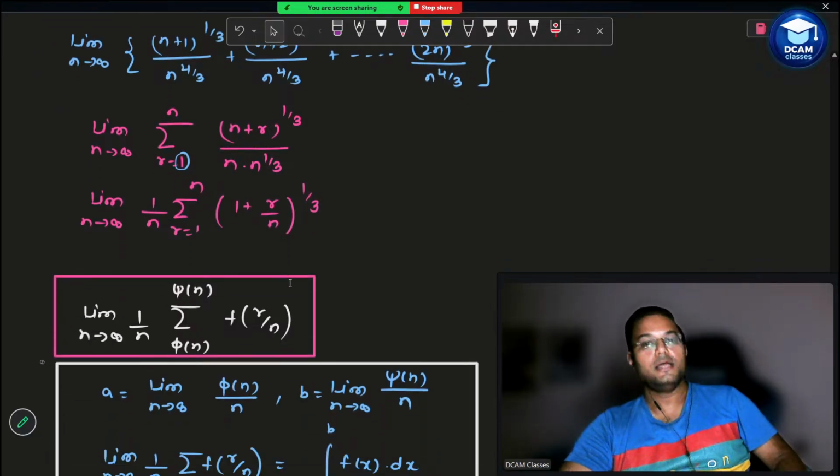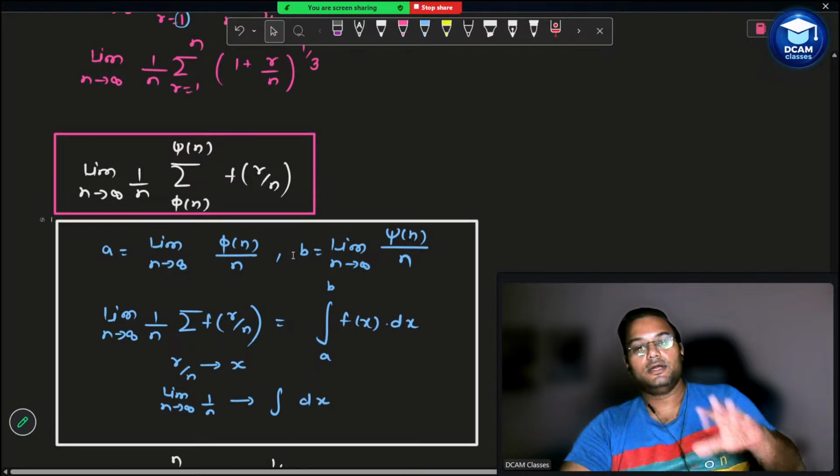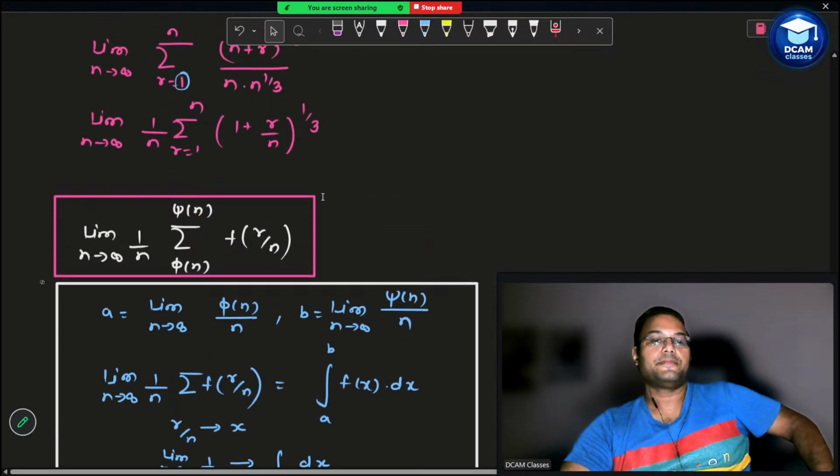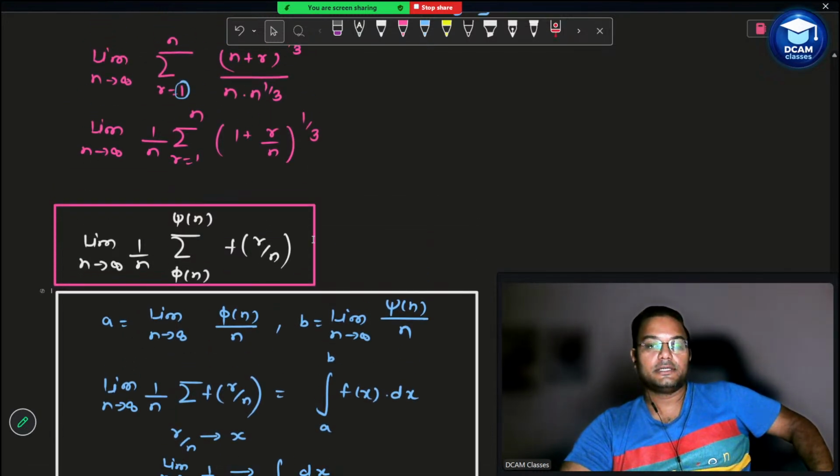Yes. Now see, now here comes the conversion part. If the limit is given in this form, limit n tends to infinity 1 by n sigma f of r by n, we write it as integral from a to b of f of x dx. Like here, limit n tends to infinity 1 by n, 1 plus r by n will be changed as 1 plus x.